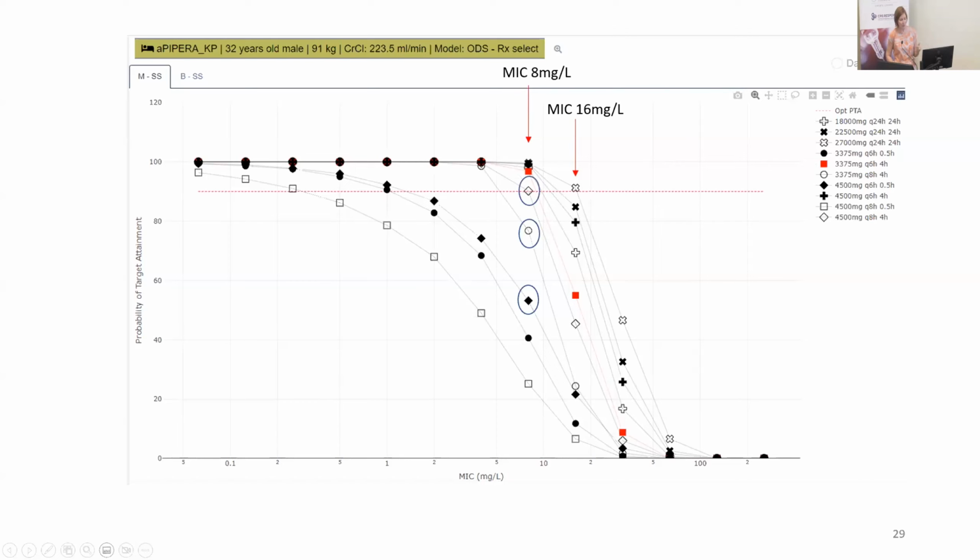But you can see that 4.5 grams 8 hourly over 4 hours actually does give us 90% probability of target attainment. So it's not that the 8 hourly dose is no good, it's actually that the bolus is the problem more than the 8 hourly frequency. I don't know if that's the wrong thing to say, but I find it really interesting. It gets me thinking a lot about if you know how your drug should work, and you can think about how you should give it to make sure it does.